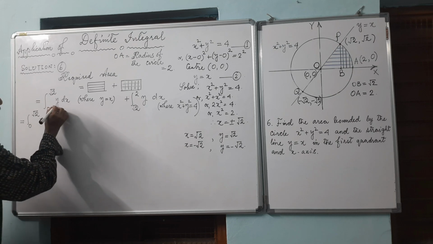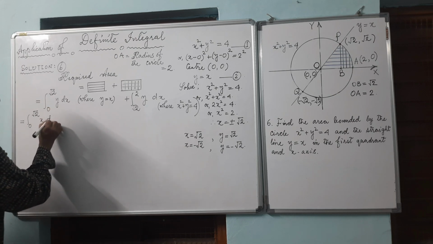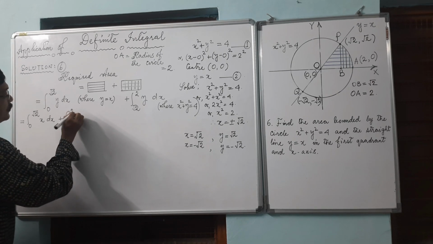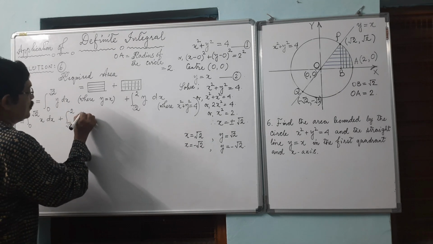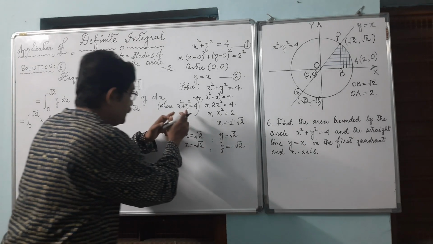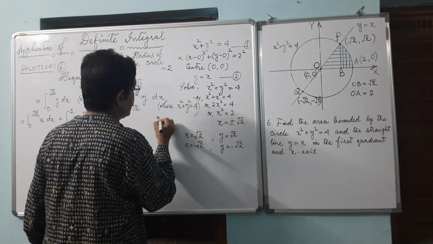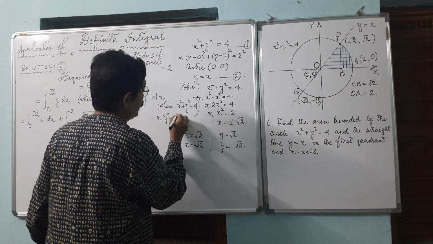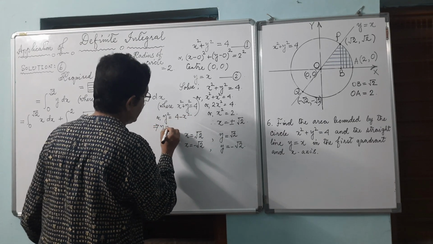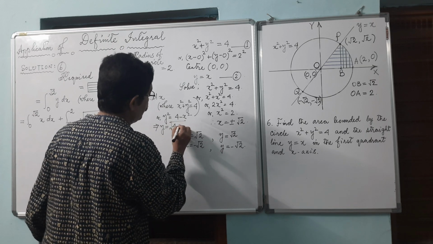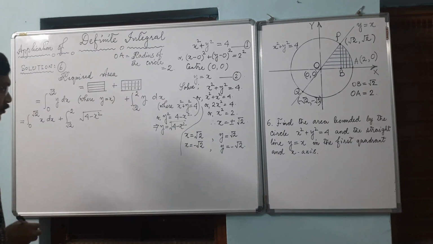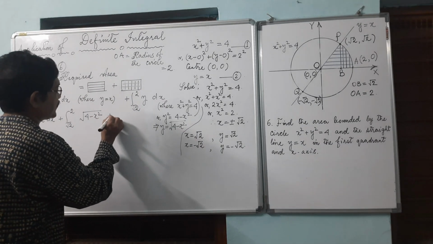In place of y, we have to substitute the expression for the second part: since y square equals 4 minus x square, which implies the value of y is simply the square root of 4 minus x square, whole dx.